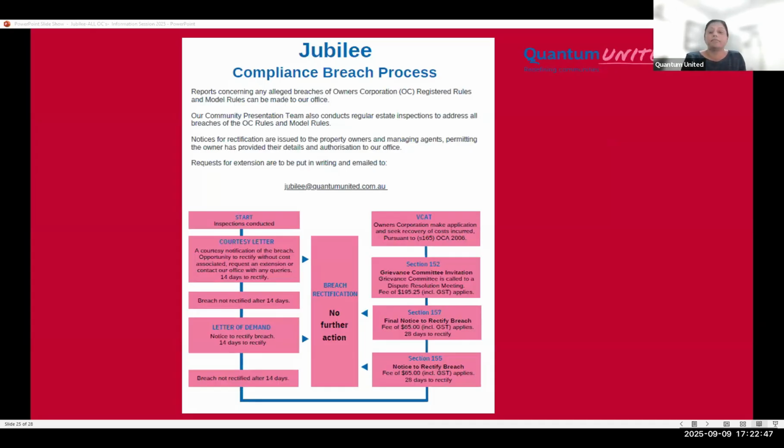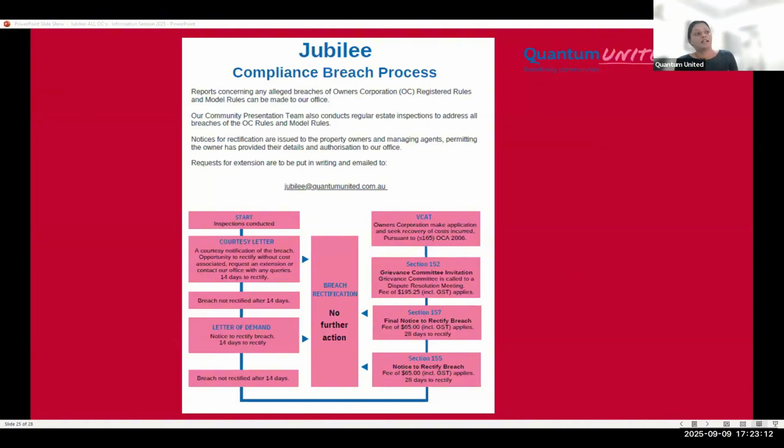This courtesy letter explains what the non-compliance matter is on your lot, and it provides you 14 days to rectify it. A reinspection is conducted after 14 days, and if the breach has been rectified, it is closed off. However, if it's still present, a letter of demand is issued by our team, which provides you with a further 14 days to rectify the breach.